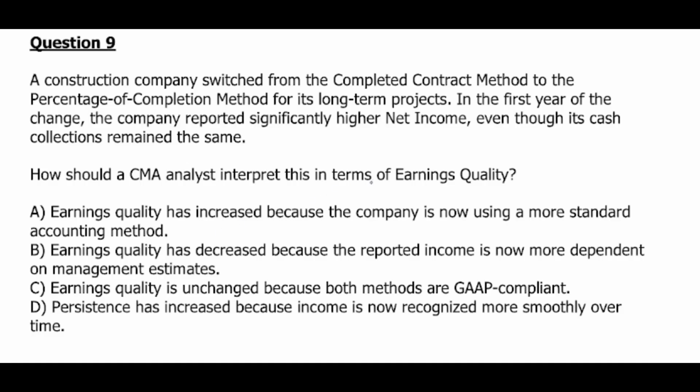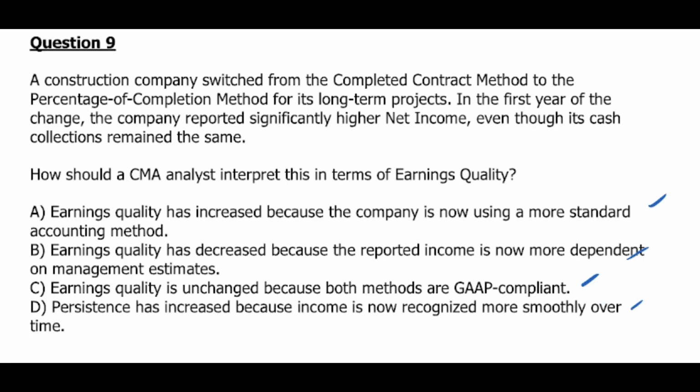Option B, earnings quality has decreased because the reported income is now more dependent on management estimates. Option C, earnings quality is unchanged because both methods are GAAP compliant. Option D, persistence has increased because income is now recognized more smoothly over time.